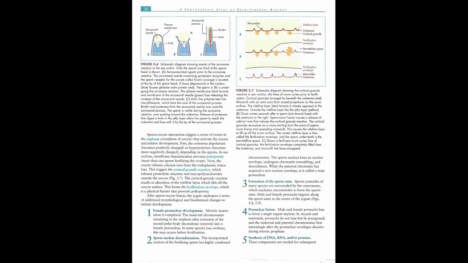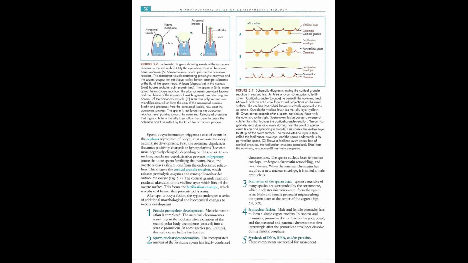After sperm-oocyte fusion, the zygote undergoes a series of additional morphological and biochemical changes to initiate development. Female pronuclear development: meiotic maturation is completed. The maternal chromosomes remaining in the ooplasm after extrusion of the second polar body decondense, or unravel, into a female pronucleus.